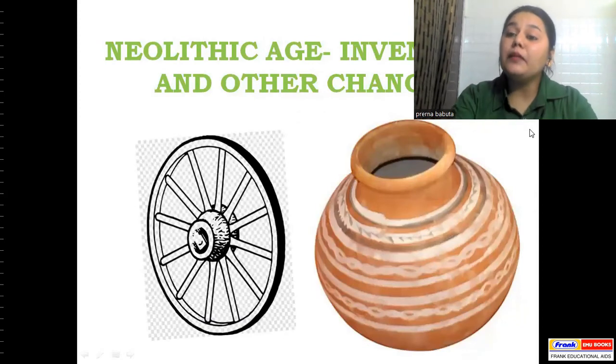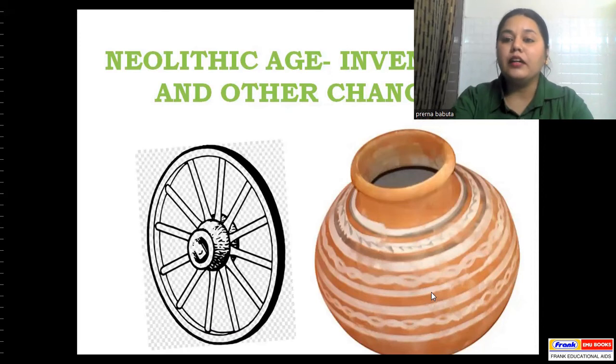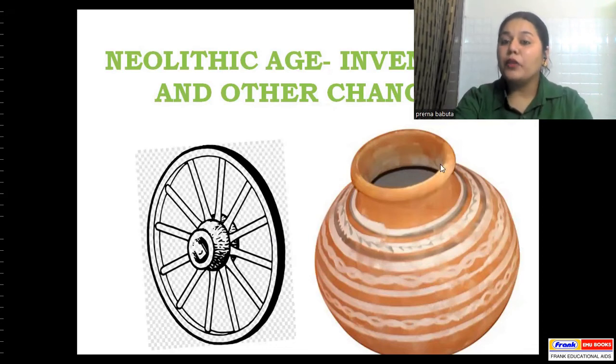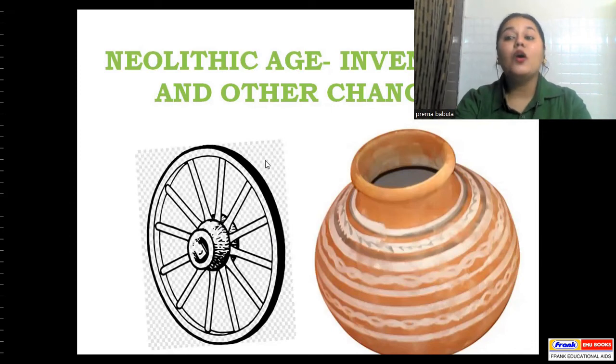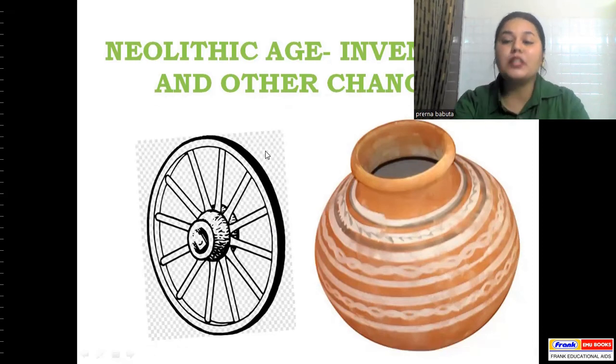Then, like in the Paleolithic age, where the discovery of fire was phenomenal, similarly, the invention of the wheel was also one of the most phenomenal inventions of the human race. Why? Because what did the invention of the wheel make possible? Transportation and commuting.